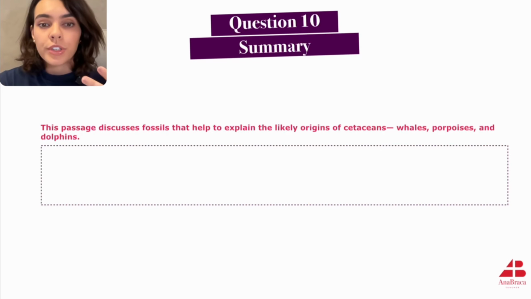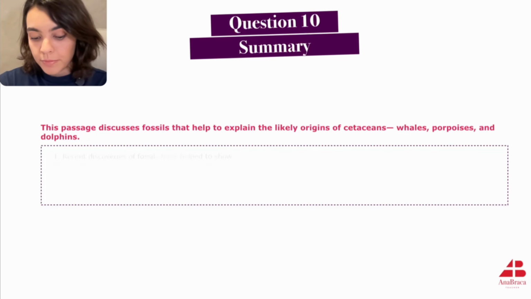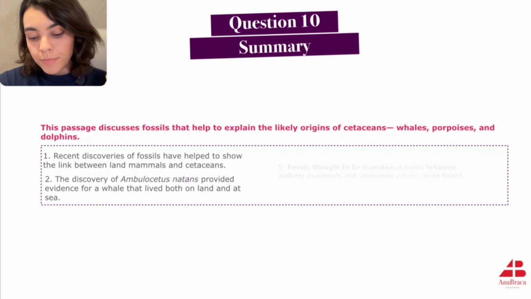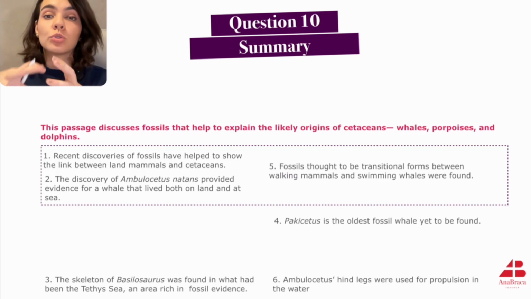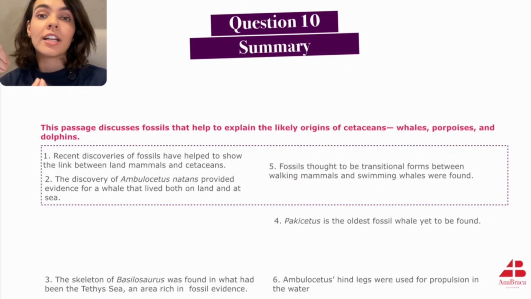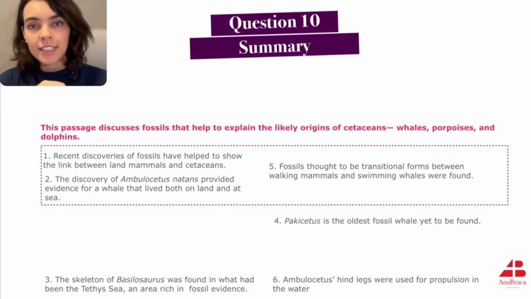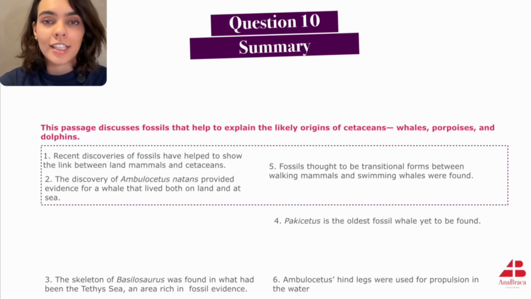All right? So the correct answers here would be 1, 2, and 5. Why? Because those are general pieces of information that help you summarize the text. The other ones are either minor details or information that is incorrect.